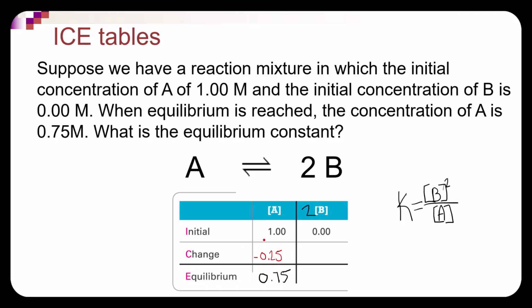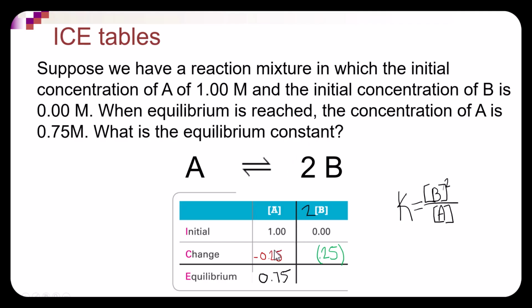Well, if I know how much A is going away, I also know how much B has been created. So the amount of A that goes away is the same amount of B that gets created, that 0.25. But what do we also have to consider? We also have to consider that for every A that broke apart, 2 of the B's formed.